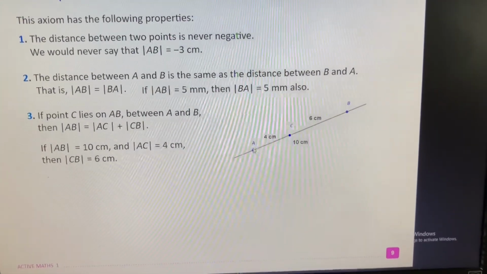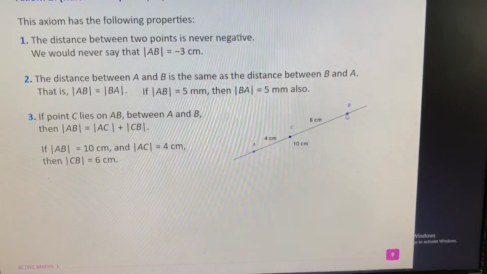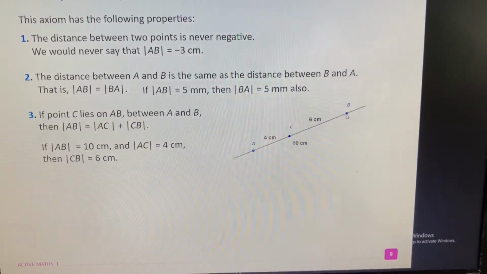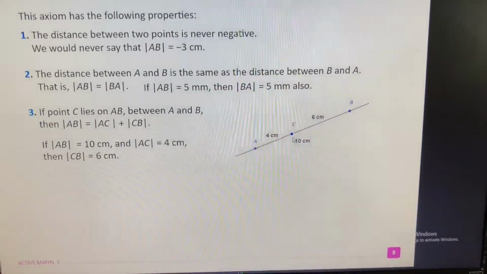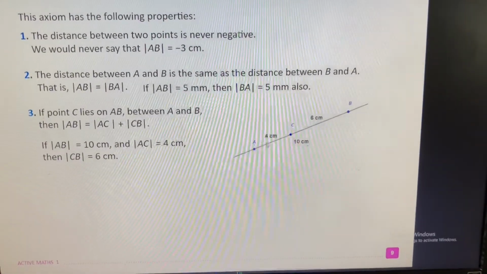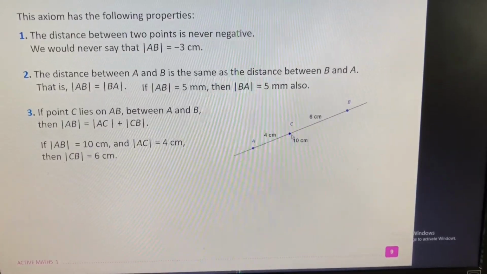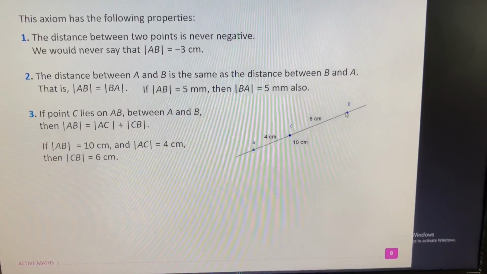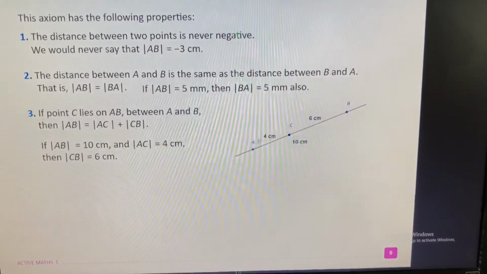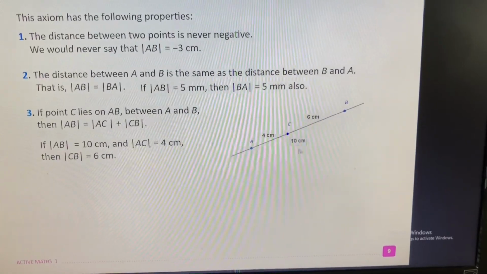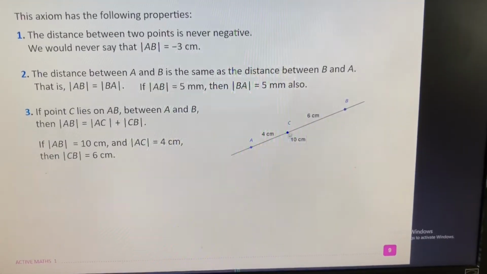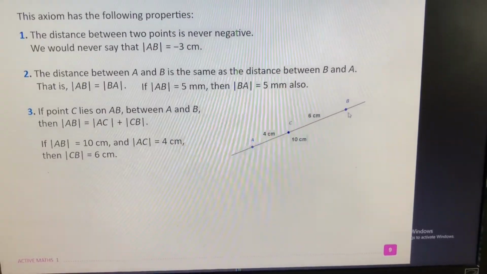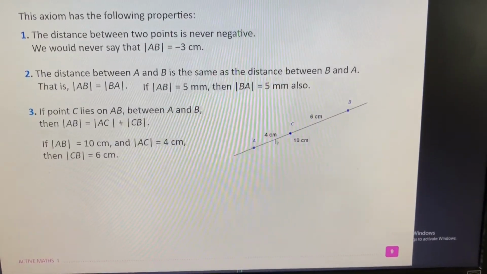Now, if we measure from A all the way to B, so in this instance, that's 10 centimeters with our ruler, then this axiom tells us that the measurement from A to C plus the measurement from that same C to B must both together make 10 centimeters, because the two small line segments together make the larger line segment. So let's have a look at that more clearly.